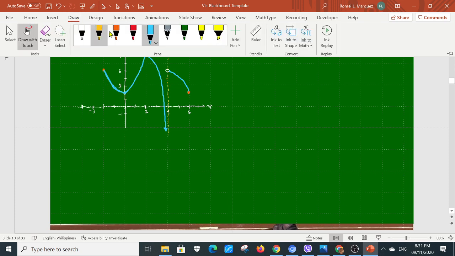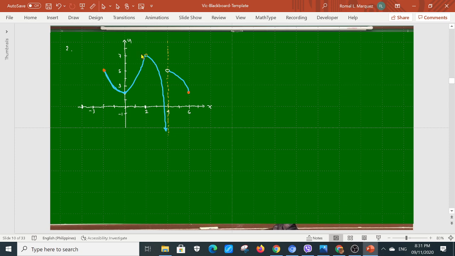What about this, guys? Ready now to answer questions again? Okay. Let's have letter A. What is the limit as x approaches negative 2 from the left?